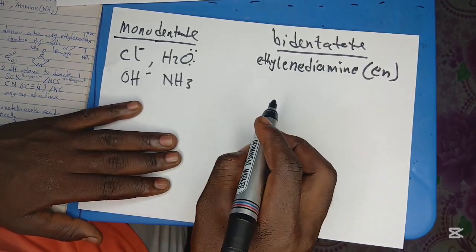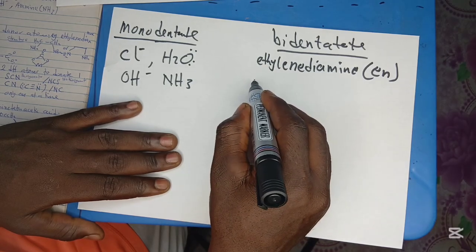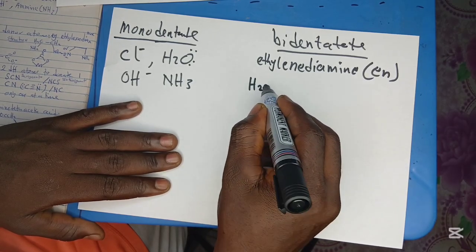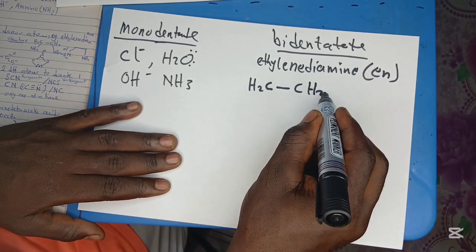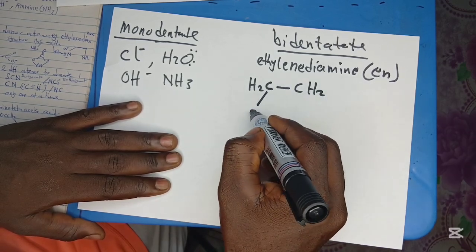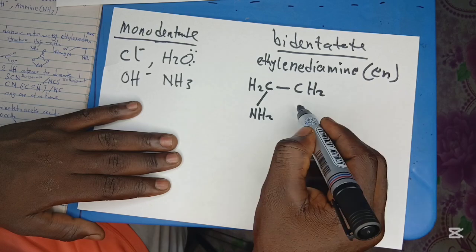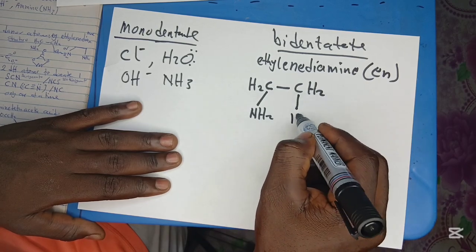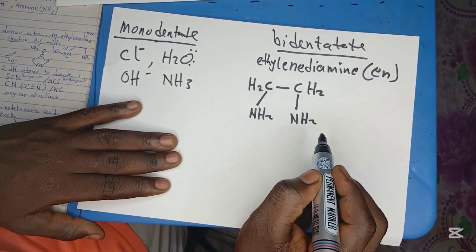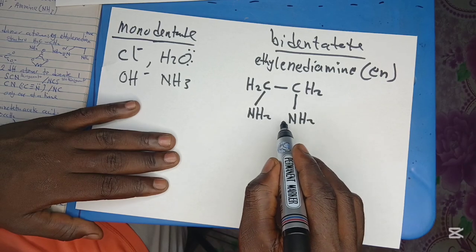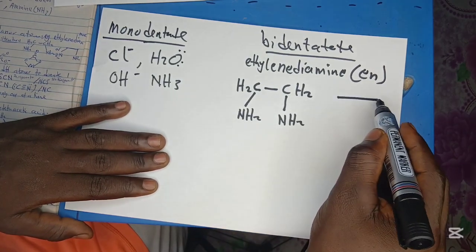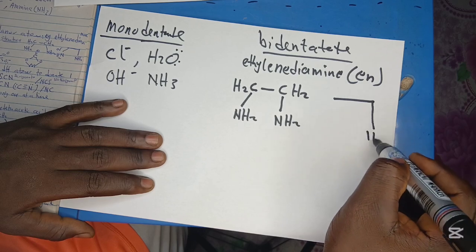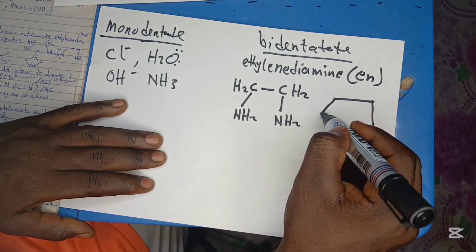So this is the structure of ethylenediamine: H2N, CH2, CH2, NH2. You can also draw it this way. It's also accepted this way. NH2.